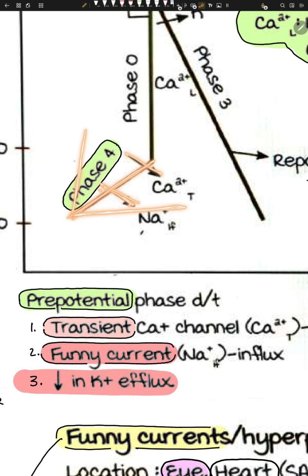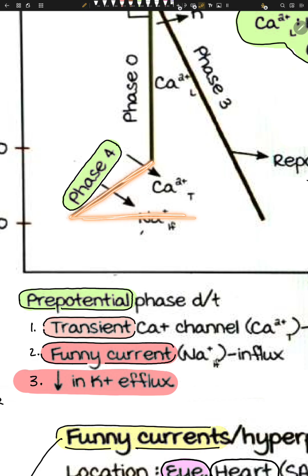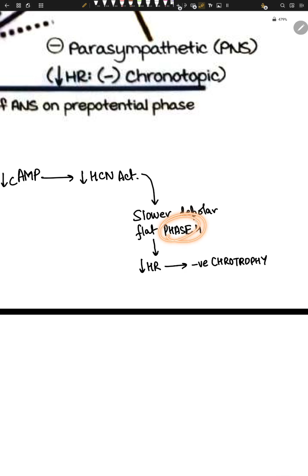Okay, so in the parasympathetic system, the direction of the graph goes like that here. But if it was sympathetic, it will go like that, because the amount of sodium and calcium will be more in the sympathetic system, but the amount of sodium and calcium in the parasympathetic will be less. So that's why the graph goes from here to here. Okay, so that is phase 4, right?